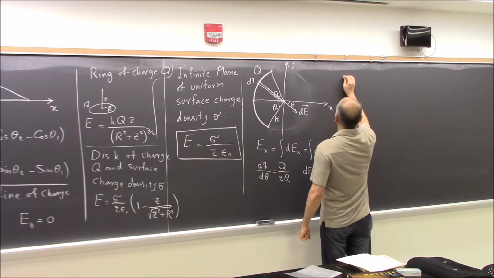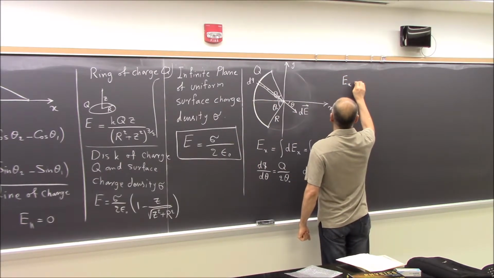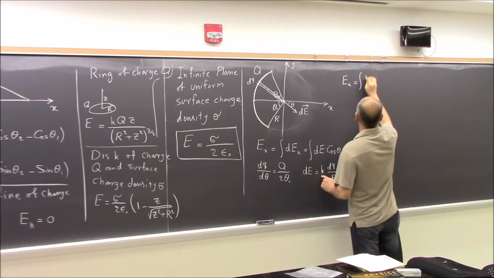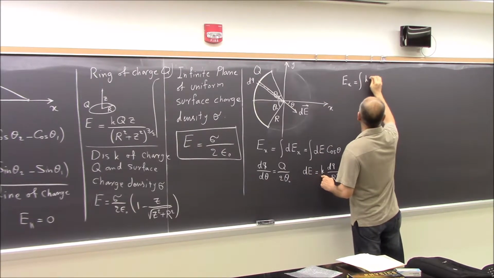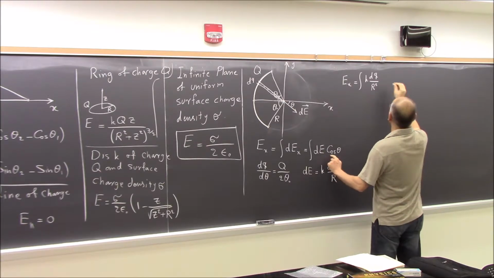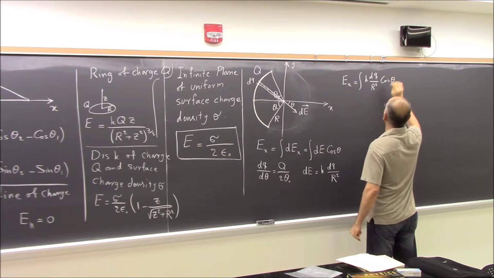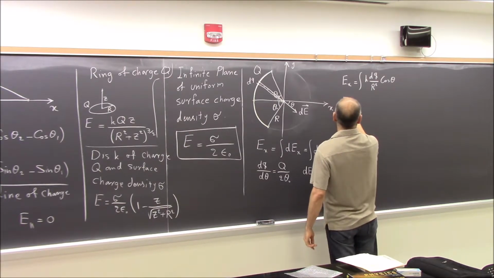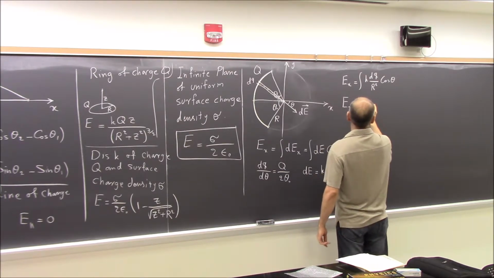So Ex is equal to integral dE, which is k dq divided by r squared times cosine theta. I now replace dq by this value, and integral k over r squared.